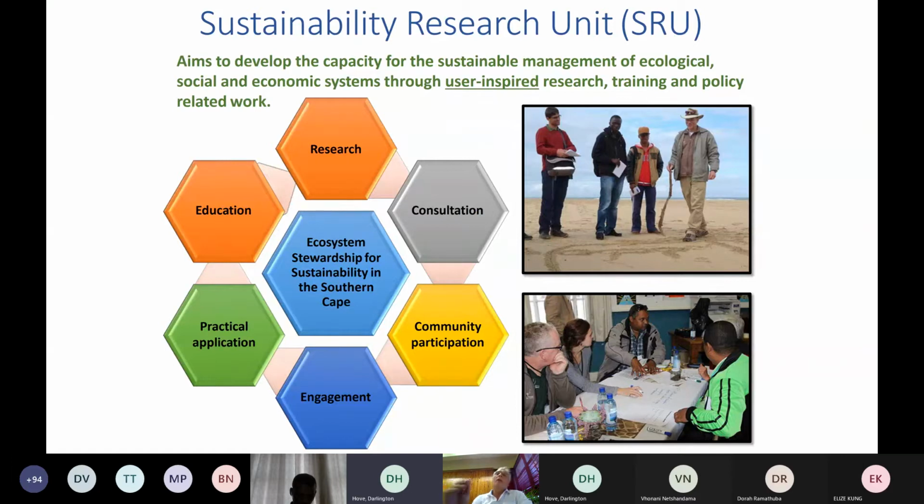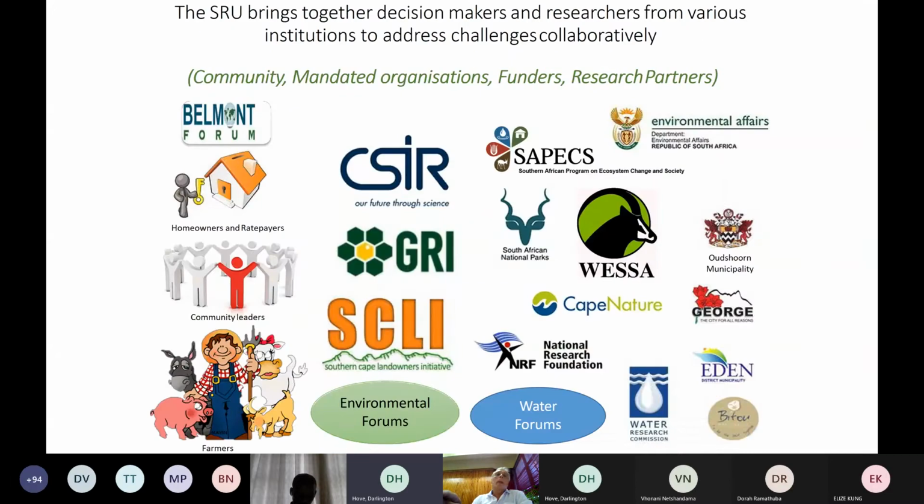And you will find they have a lot of these roundtables working with the community on specific aspects and making them part of the research project. The partners in that are all reflected there, who is working with the university in those particular areas in the Southern Cape. Just to give you some background, we have one of our campuses at George, situated in the forests of George, just above the wilderness area, and that's where that particular unit is situated.